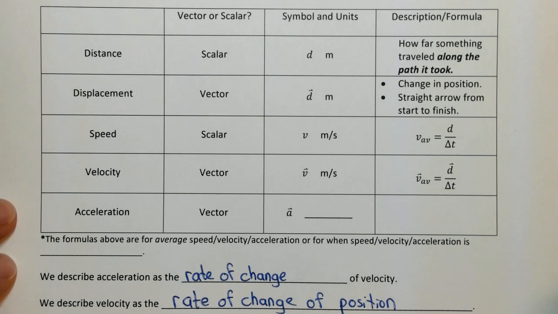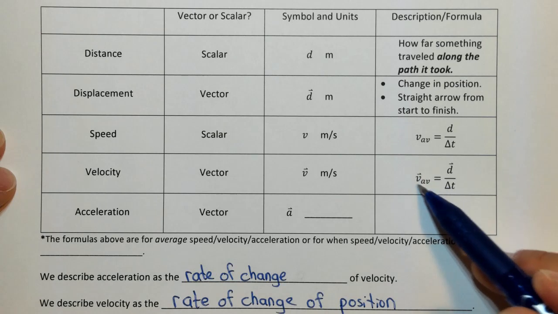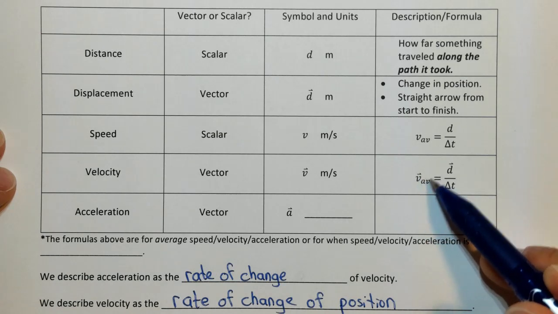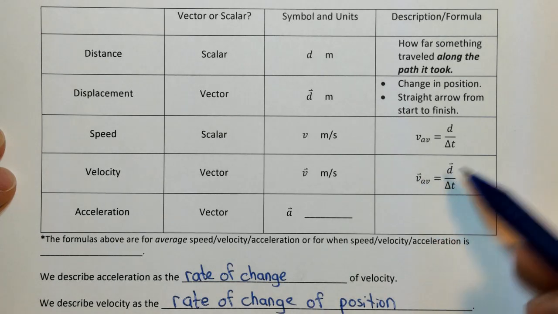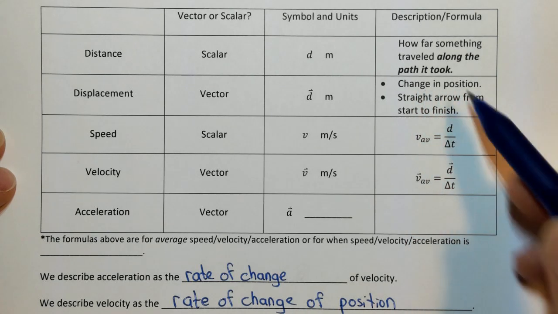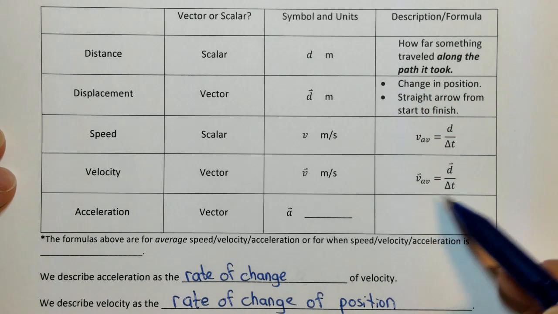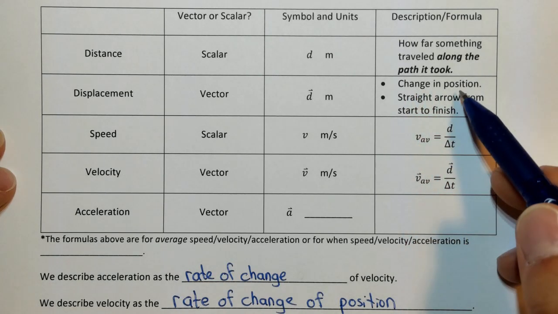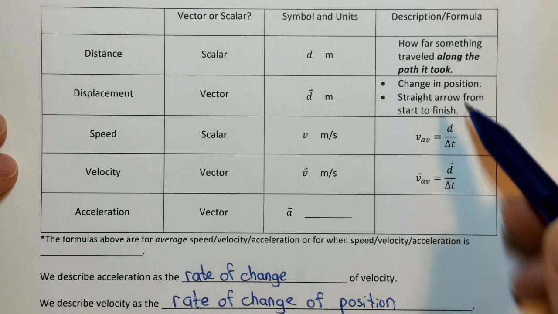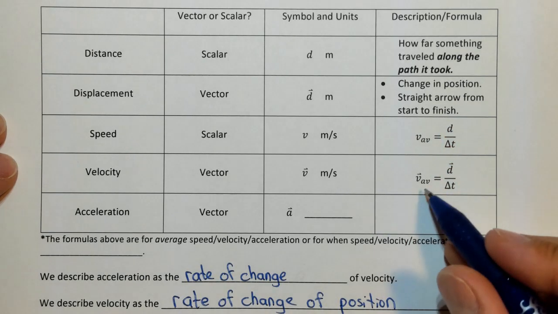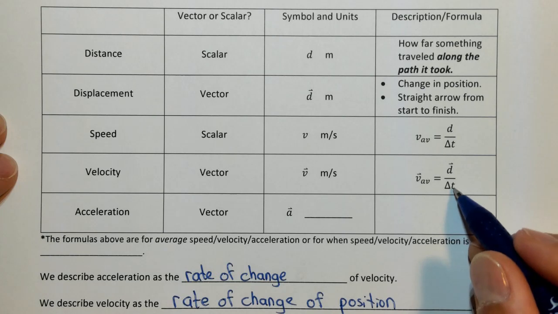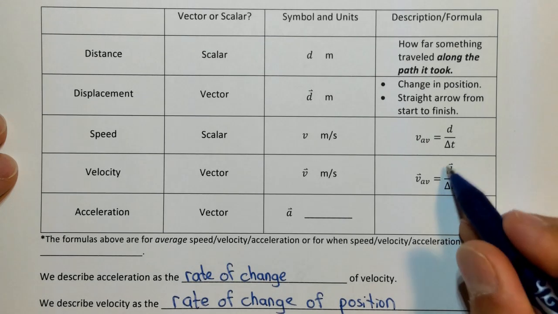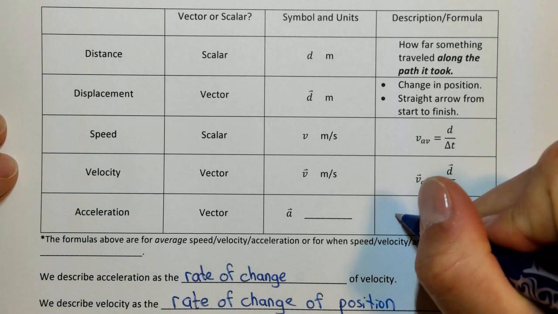And the formulas we have for these two quantities illustrate that. Here's the formula for velocity. To find velocity, we take displacement, which is the change in position, and we divide it by time. So velocity depends on how fast we have displacement or a change in position. The formula for acceleration looks really similar, only rather than the rate of change of position, it's the rate of change in velocity.